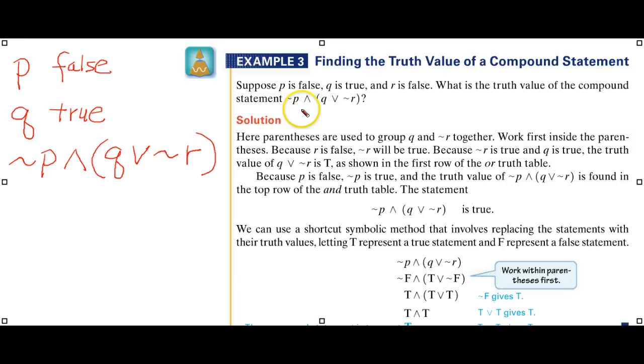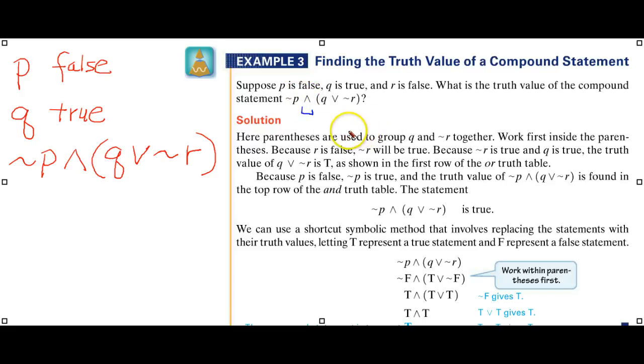Now, because this is an and here, both of these must be true in order for this to be true. We've proved that already. So what's the strategy of something like this?